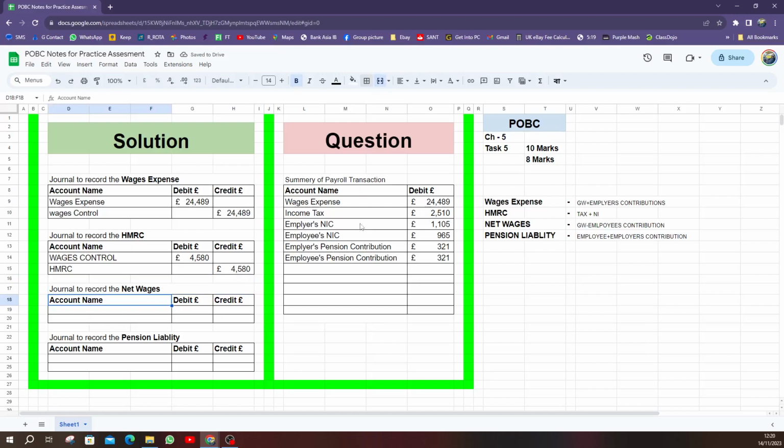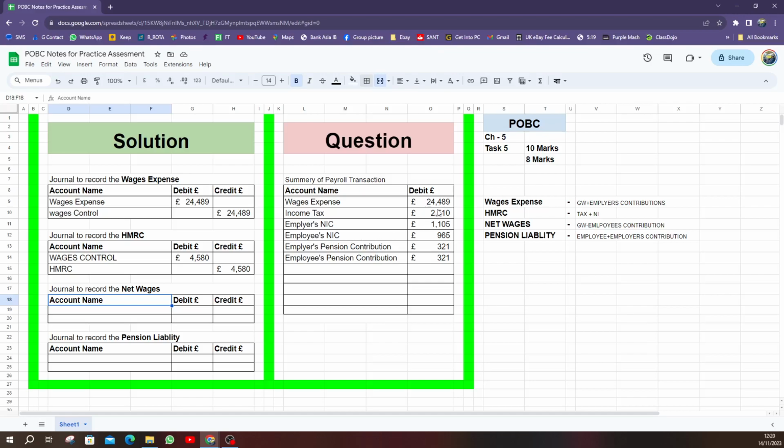Now net wages. Remember, for the net wages, we need to find it from the wages expense. We need to deduct everything, employees' contribution and employer contribution. But if we have gross wages, we need to deduct only the employees' contribution.